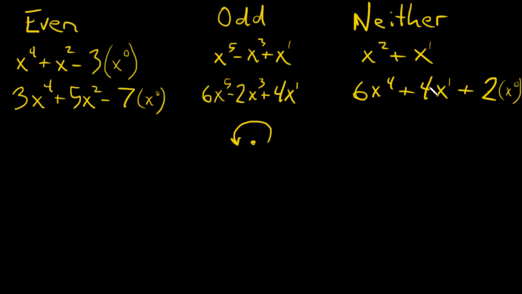The numbers in front of the variables do not matter. What matters is just the exponents. And so since I've got even and odd, this is still neither. Okay? That's it. That is all there is to even and odd functions.